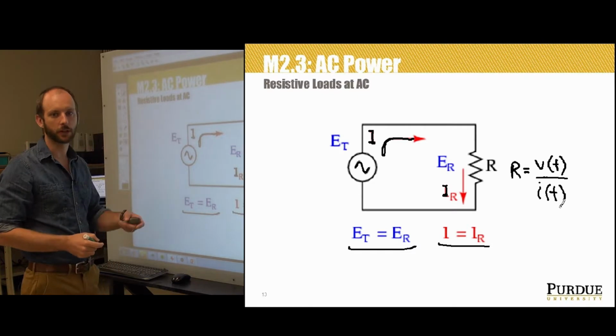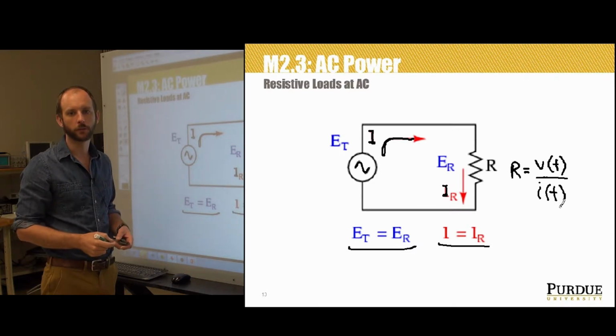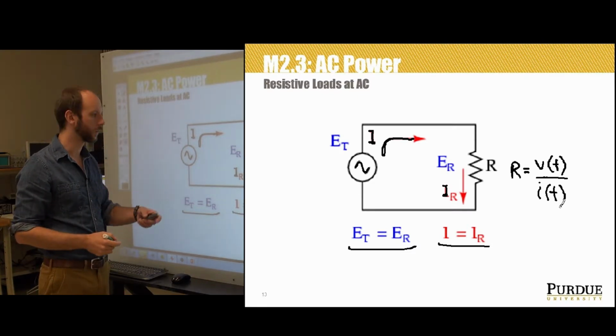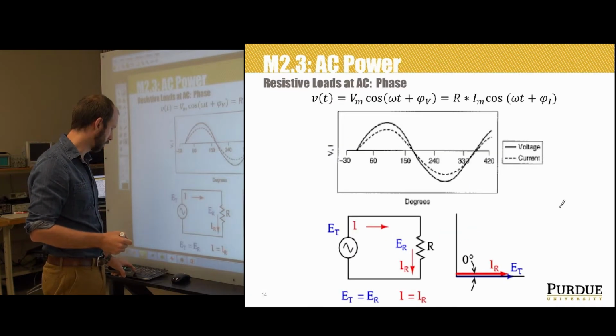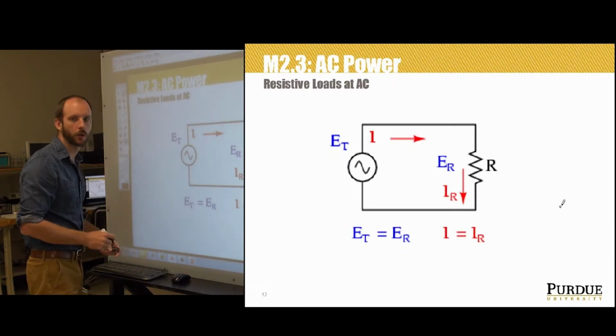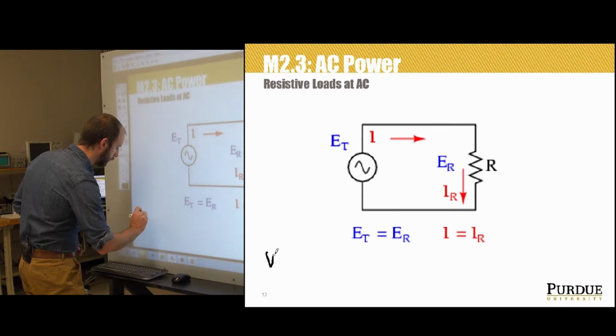More specifically, if we wanted to write this Ohm's law equation, I'm just going to make a little bit of space here, we would have to say that the voltage is a function of time.